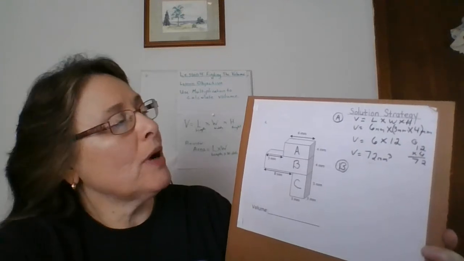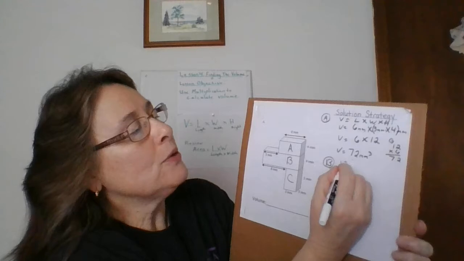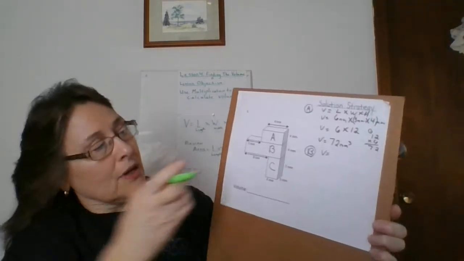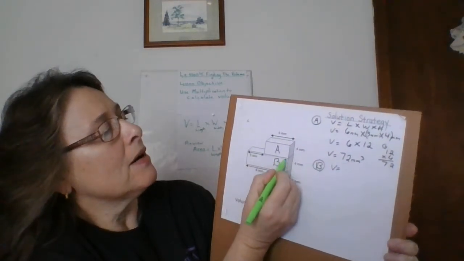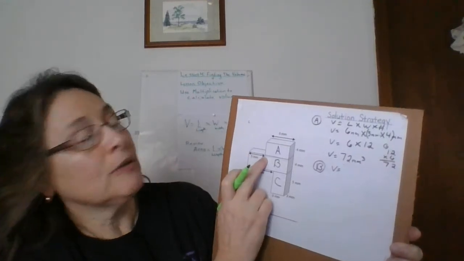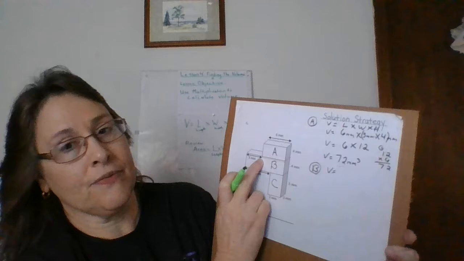So the first thing they want us to do is to find my volume. Now, if you look, my volume is this total side right here. But they didn't label that whole side. They only labeled part of it. And they told me that this part is 5.